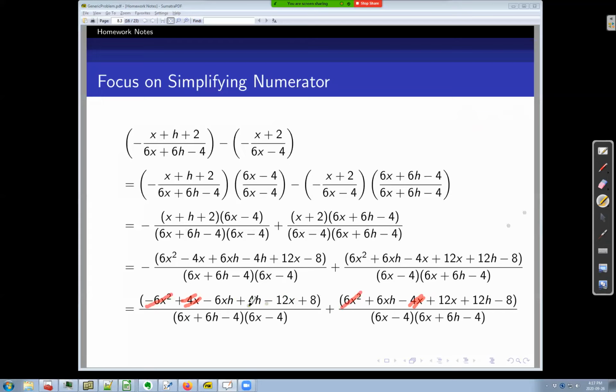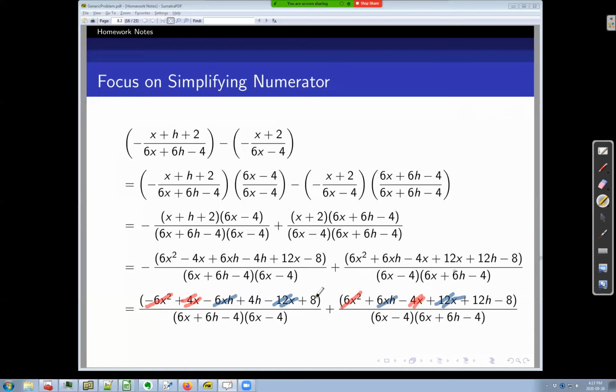Let's see. Here's a negative 6xh, and here's a positive 6xh. Oh my gosh, is everything going to cancel here? Here is a negative 12x, and here's a positive 12x. And then what else?